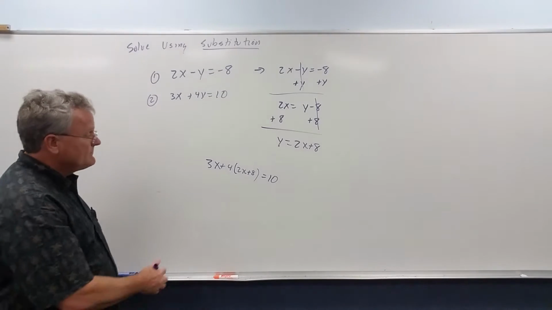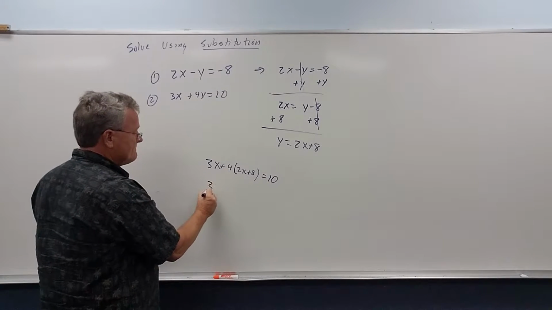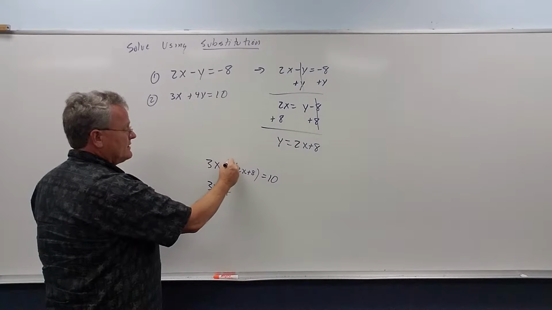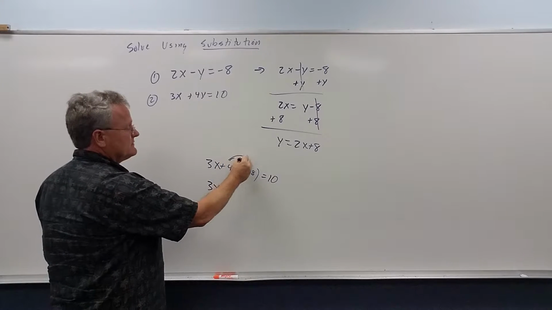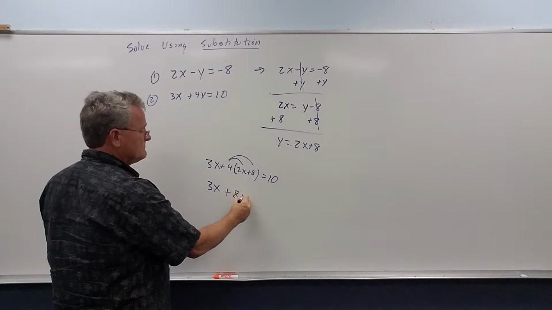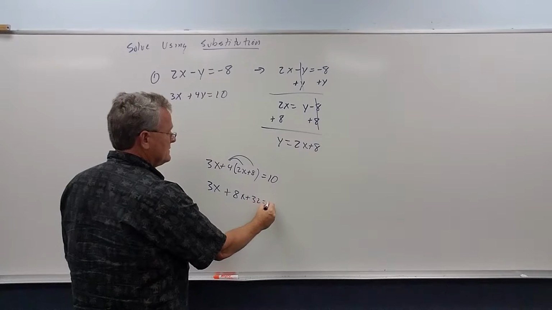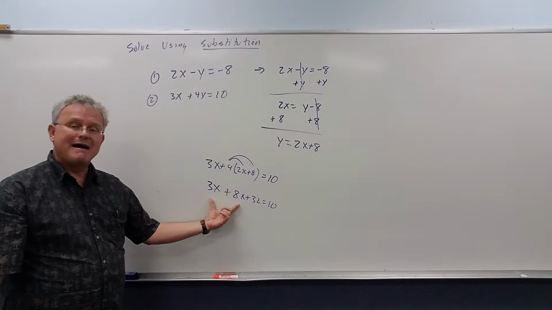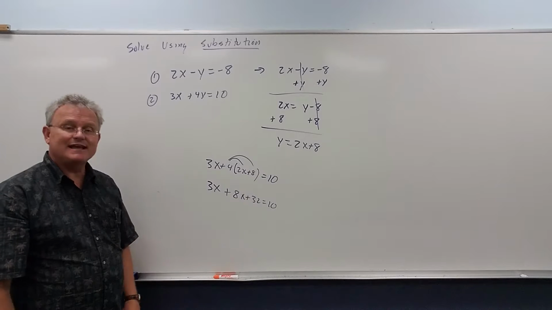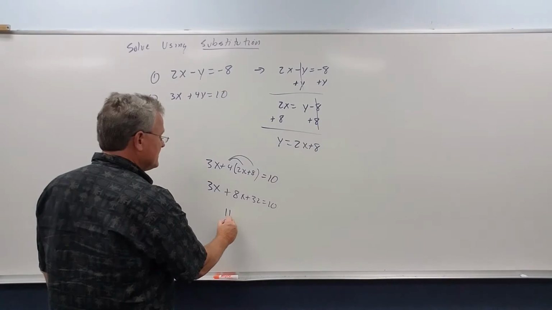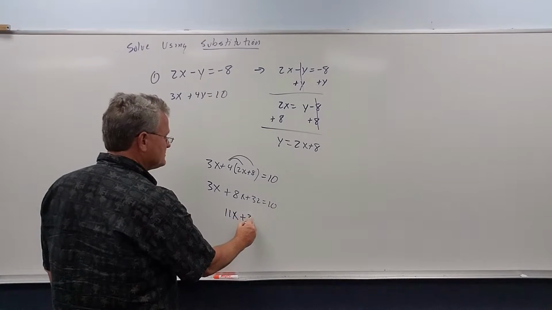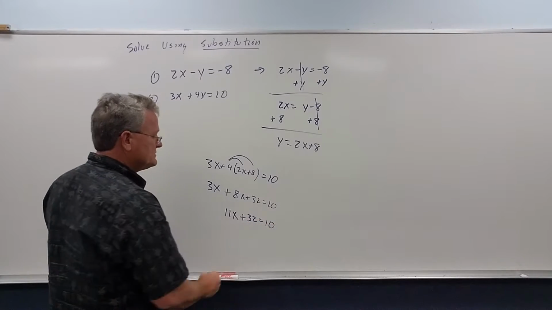So let's do that. Let me distribute the 4. We get 8x plus 32 equals 10. Let me combine like terms. 3 plus 8 is 11. So we get 11x plus 32 equals 10.